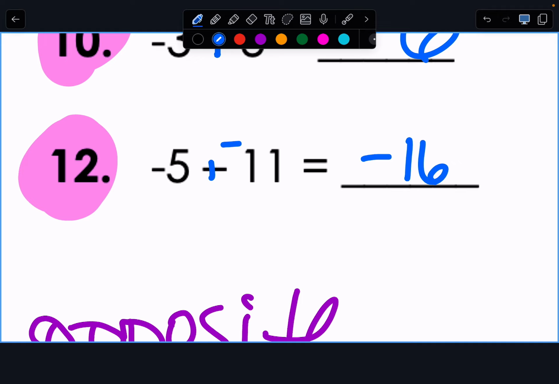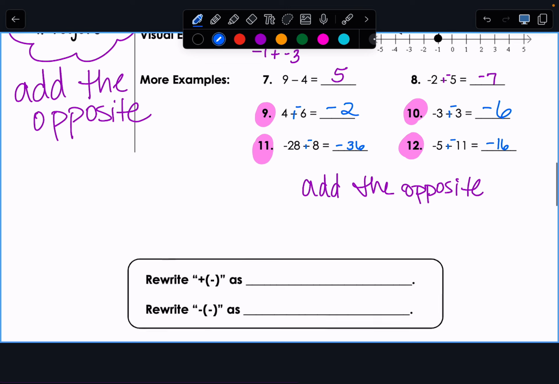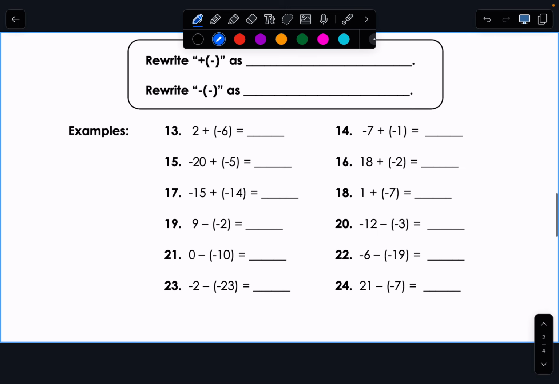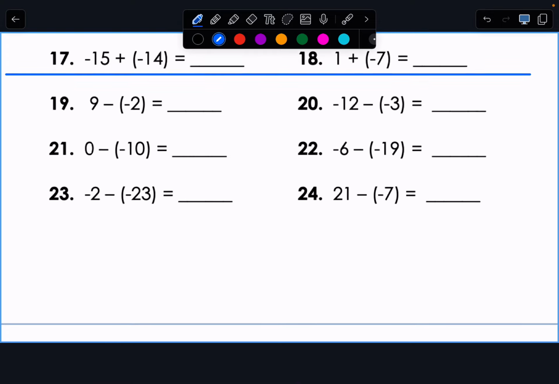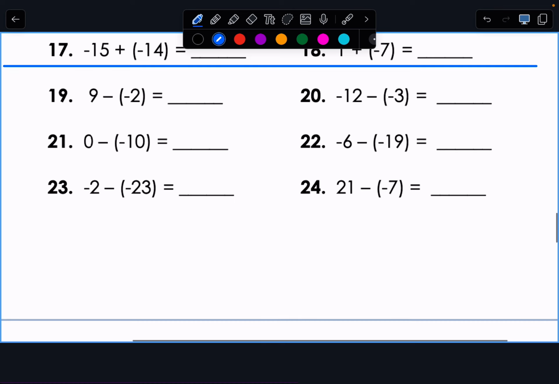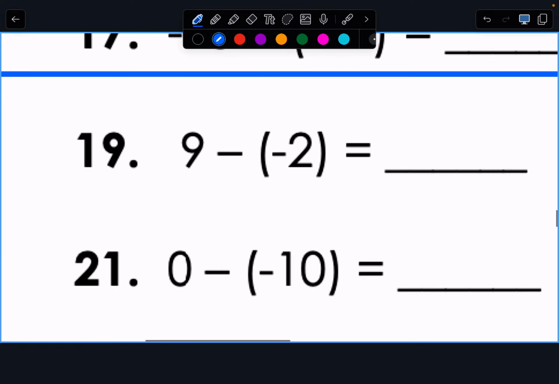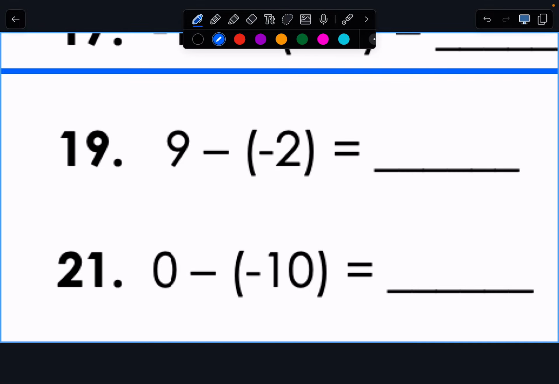Okay. Now, what we're going to do is head down here. You already have 13 through 18 filled out because we did those 2 days ago with our addition problems. But notice how 19 through 24, we now have subtraction problems where we're subtracting a negative number. So let's look at what this looks like when we're subtracting. Okay? So I'm going to zoom in on number 19. We have 9 minus -2.